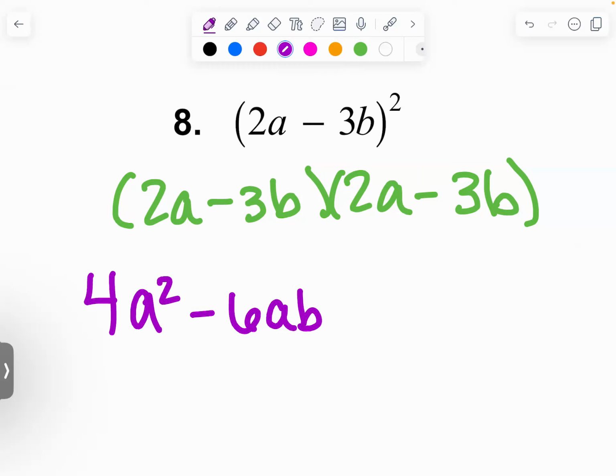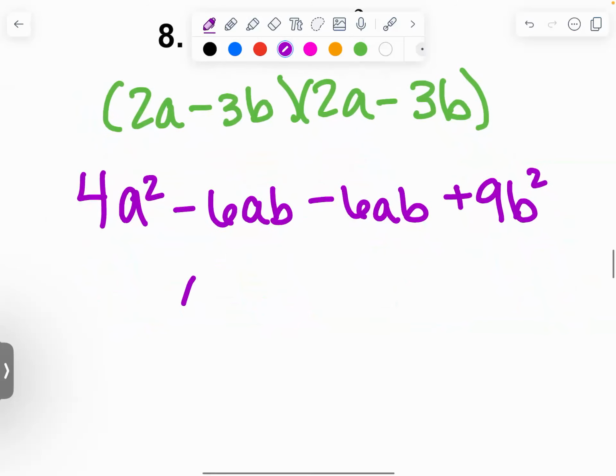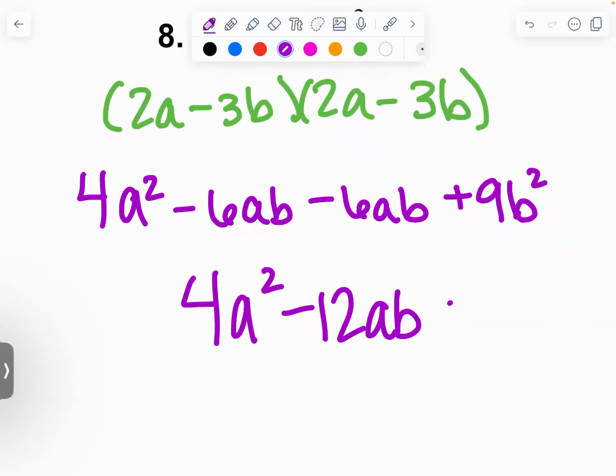Negative 3b times 2a, negative 6ab. And then minus 3b times minus 3b, 9b squared. So we have 4a squared minus 12ab plus 9b squared.